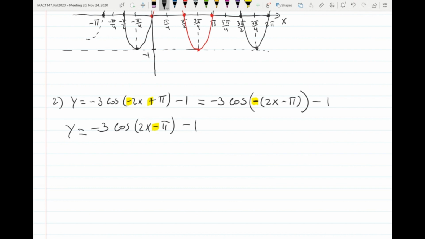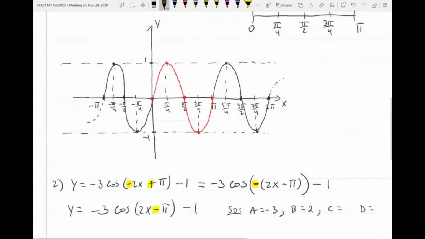All right, so now we have it in standard form, so we are ready to write down what we need. Okay, so now we can write A, B, C, and D. So A here is going to be negative 3, B is positive 2. What is C? What's the value of C here? Okay, Sarah says negative pi. Look at the standard form.